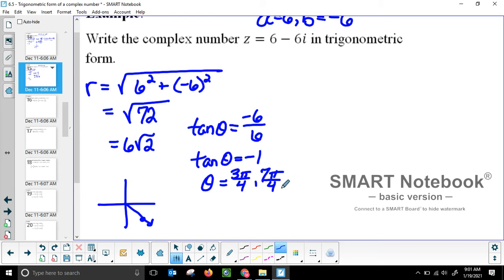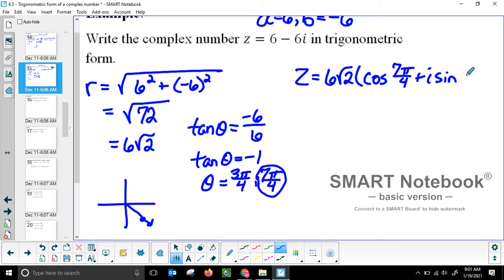So that would be in the fourth quadrant. All right, so I know that my theta has to be 7 pi over 4. So Z is equal to r, which is 6 square roots of 2, times cosine of theta, which is 7 pi over 4, plus i sine of theta, which again is 7 pi over 4. And we're done.